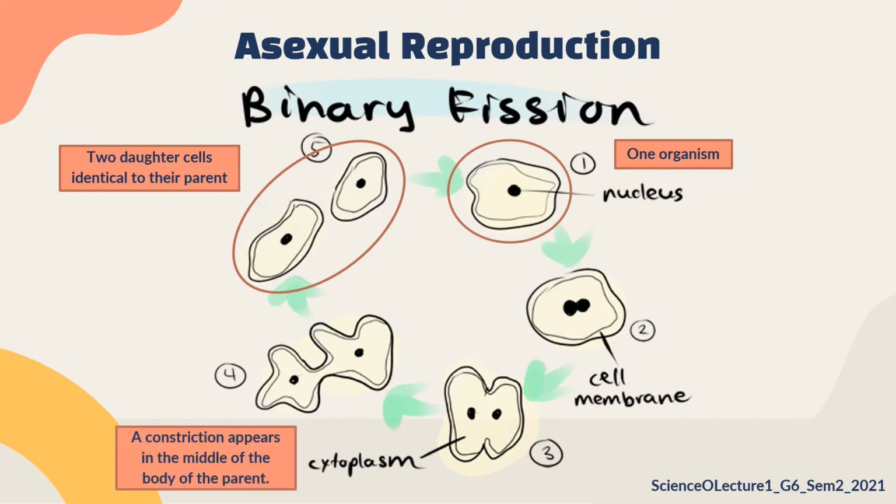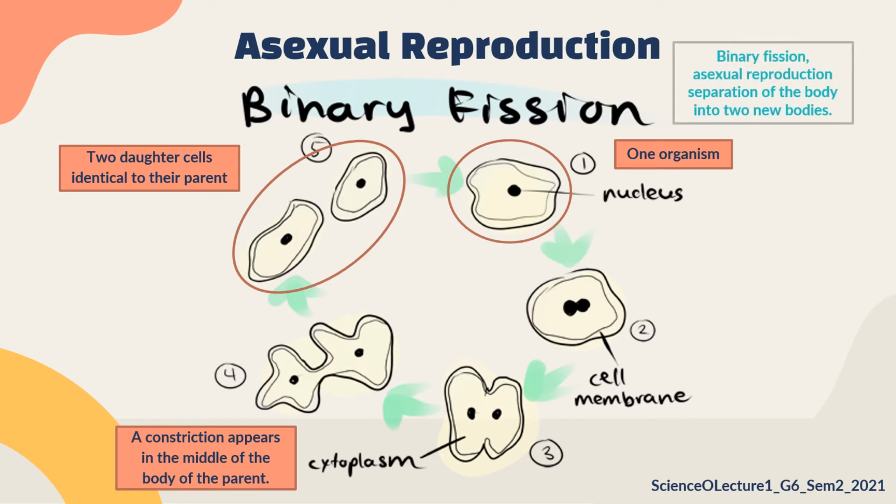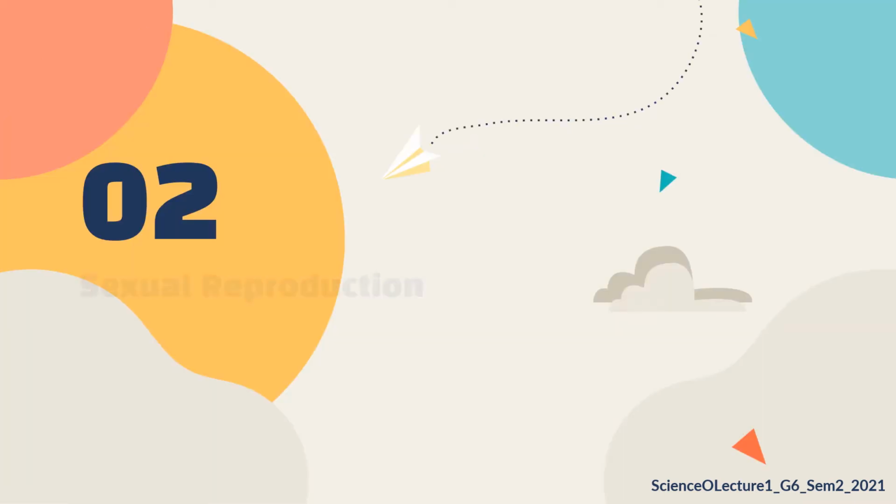A constriction appears in the middle of the body of the parent, and this constriction splits the organism into two daughter cells. So what's binary fission? Binary fission is an asexual reproduction by which one organism produces two identical daughter cells.